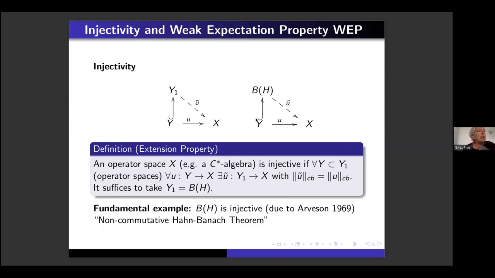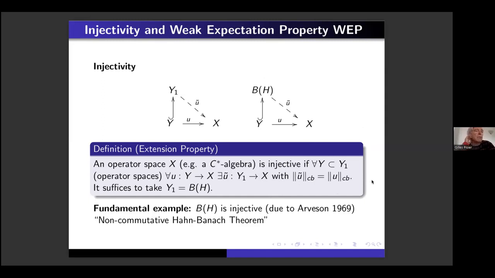So we can think of Y1 as sitting in between Y and B of H. So we can actually just concentrate on B of H, and you can look at just the second diagram as the definition of this extension property. So X is injective if we have the extension property like this. The fundamental example is B of H. If X is B of H, then this extension property is true.